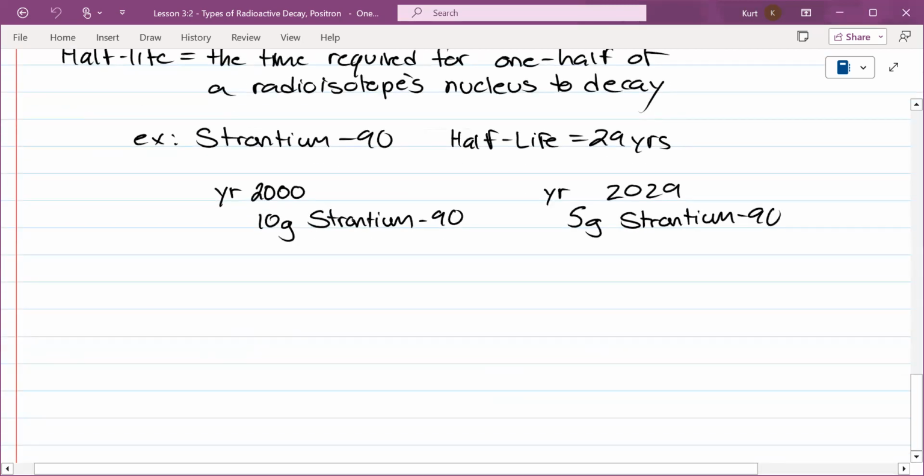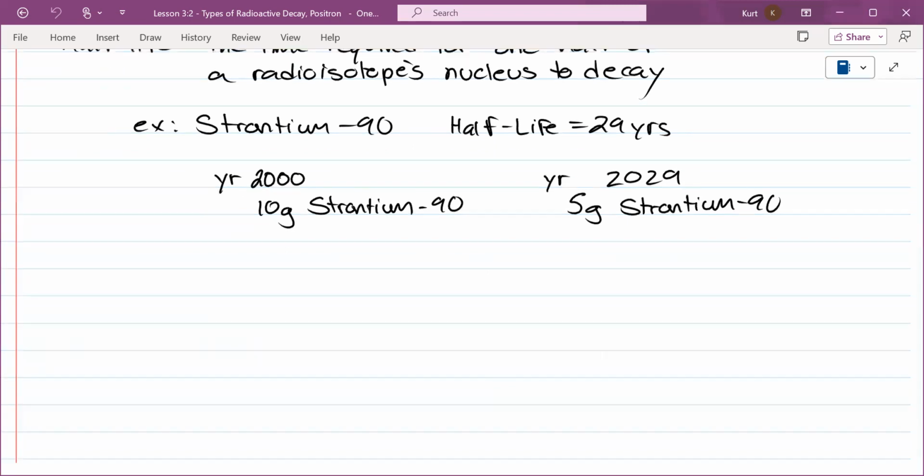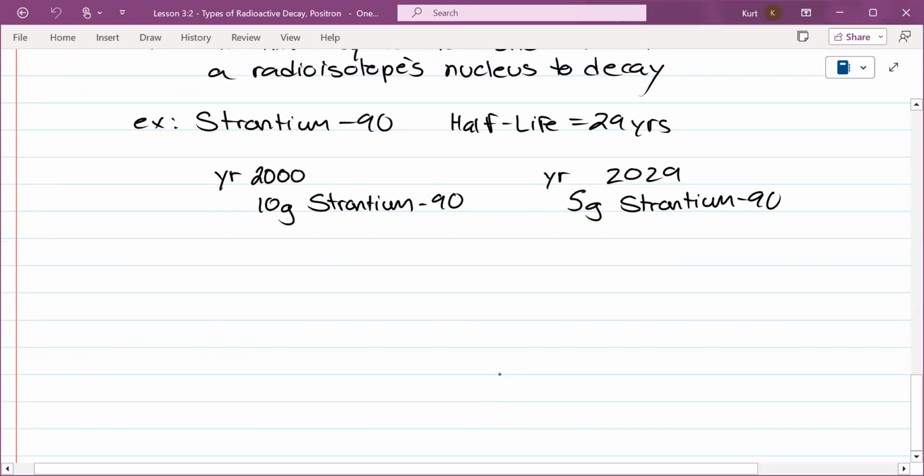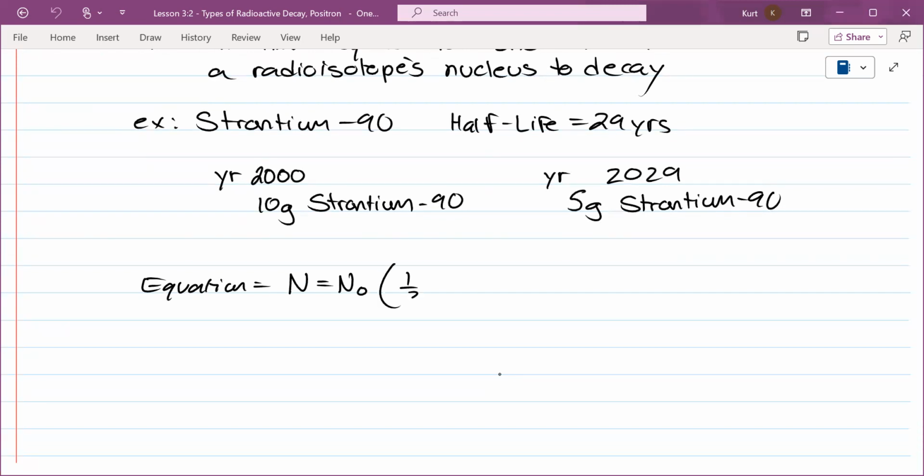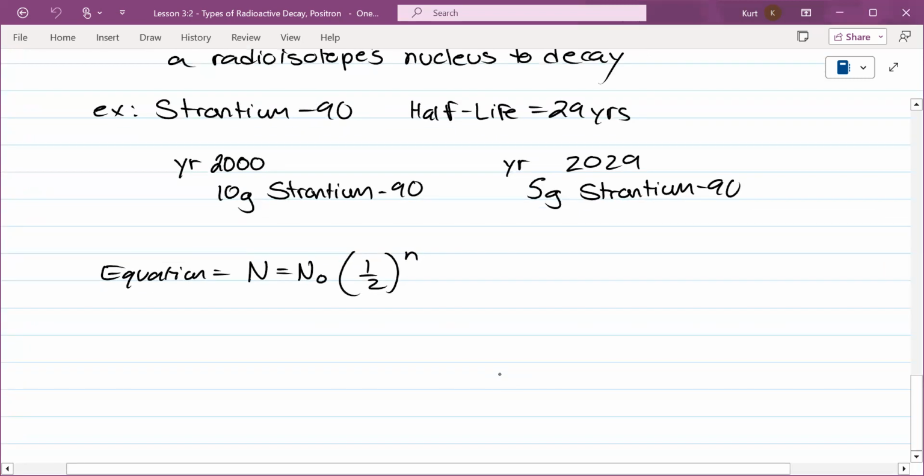So if I had 10 grams of strontium 90 today, I would have 5 grams of it in 29 years. The equation for half-lives is N equals N naught times 1/2 to the power n. What's another number you could put in your calculator besides 1/2? I would do 0.5 if I were you.